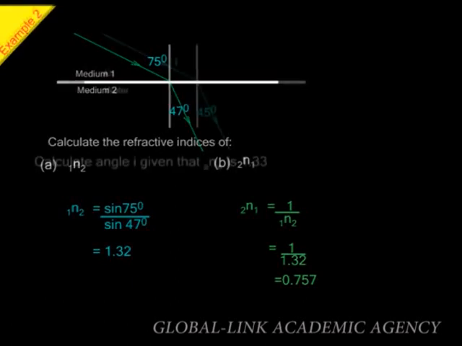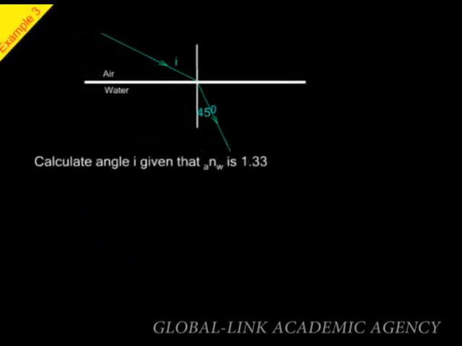Final example. Calculate angle I on your screen given that the refractive index N air to water is 1.33. In the solution, 1.33, the refractive index, is equal to sine I over sine 45.